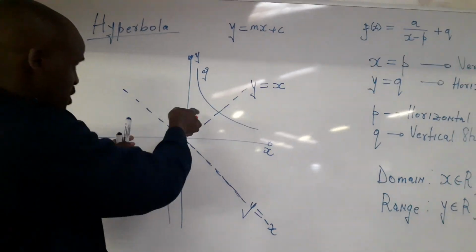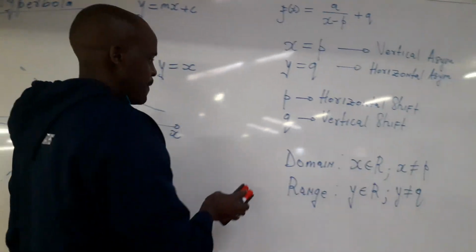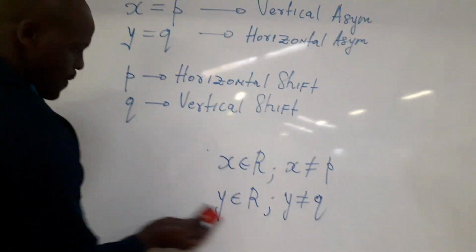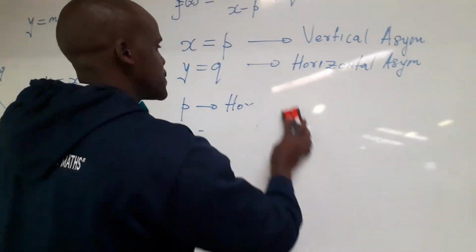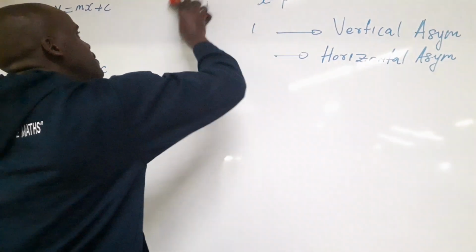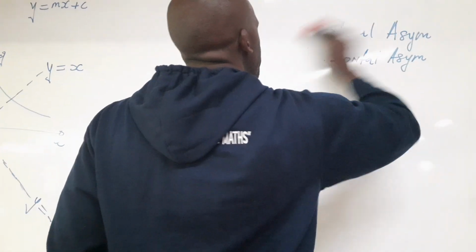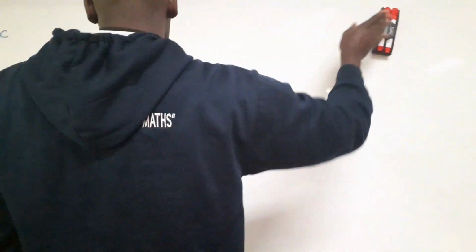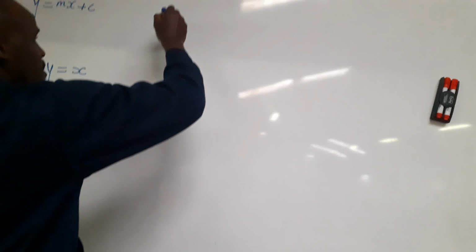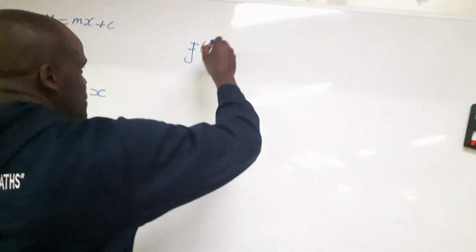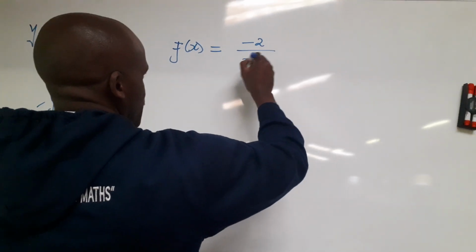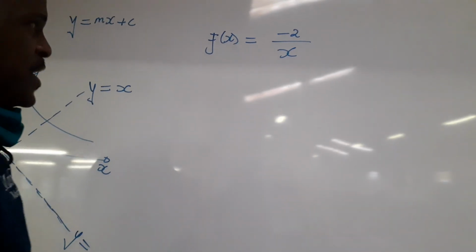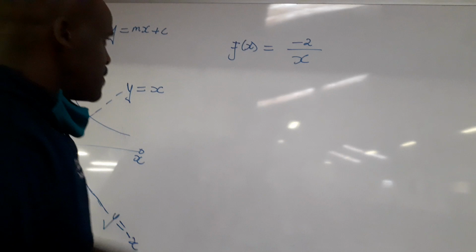Same graph. Let us shift this graph. We are having f of x is equal to negative 2 over x. Now we are shifting this graph.